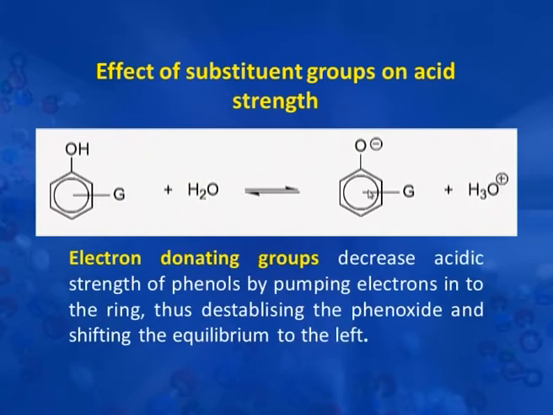On the contrary, if the group attached to the benzene ring is an electron releasing group, then it will pump electrons into the ring and thus destabilize the phenoxide ion and shift the equilibrium towards the left. Or we can say that the electron donating group substituted phenols are less acidic compared to phenol. These two factors we are going to discuss with the help of certain examples.